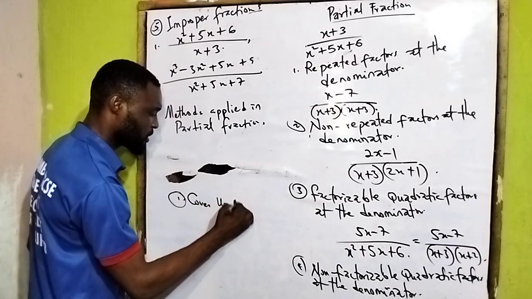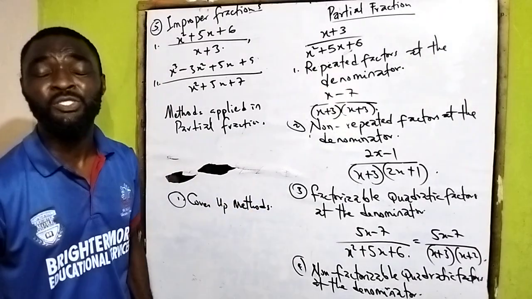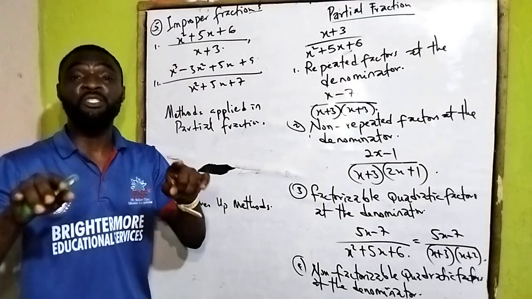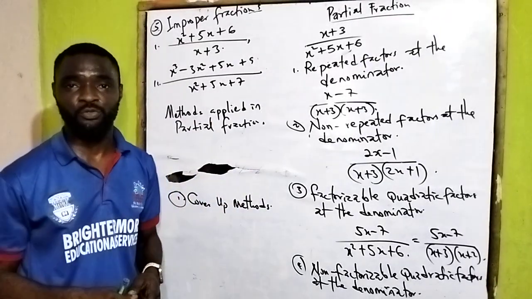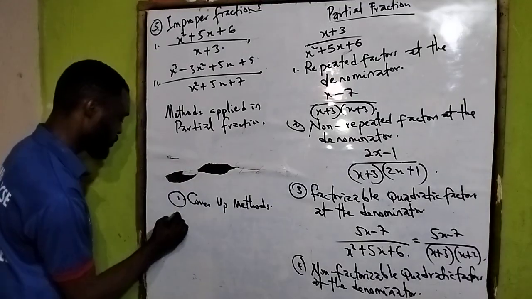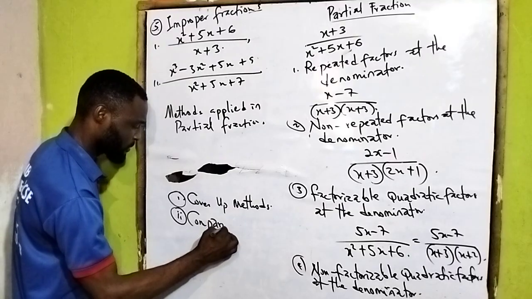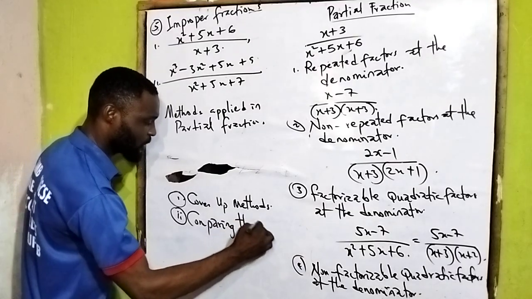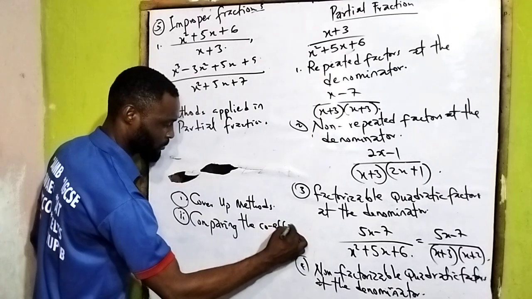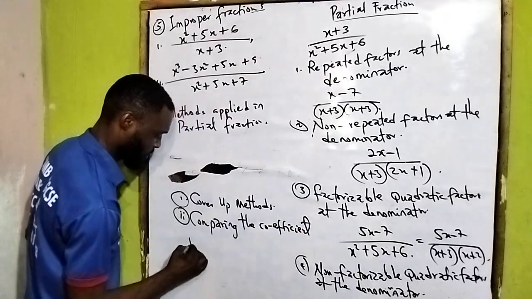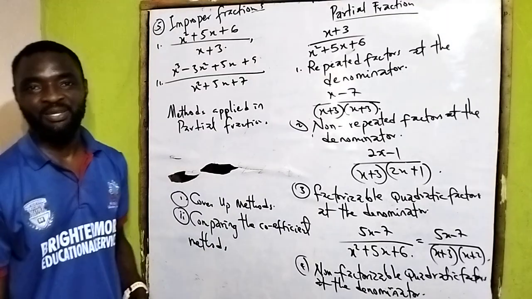The cover up method leads you to equating one of the factors to 0 and getting the value to use. That's the cover up method. And number two, the comparing the coefficient method. This method leads to simultaneous equations.